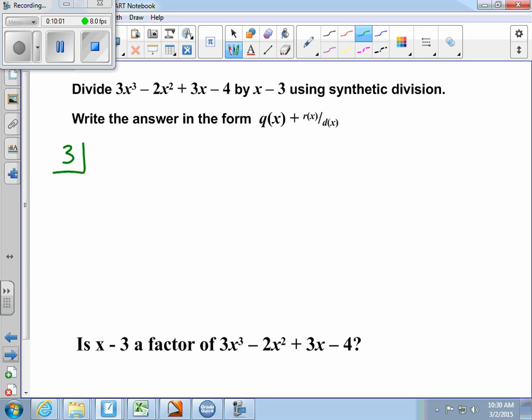Am I skipping any x's? No, so I just put the coefficients down. I thought you were supposed to put negative. Change the sign. It is -3. It's the x minus 3, not the 2.